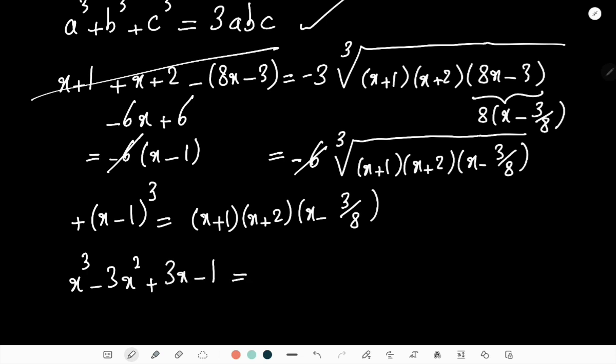This is equal to, well, let's just simplify this here as well. Then here I get, well, actually I know how to write this.